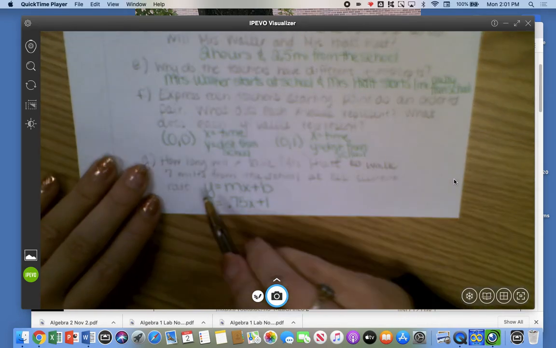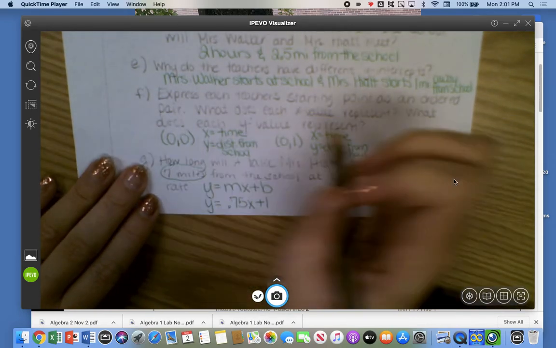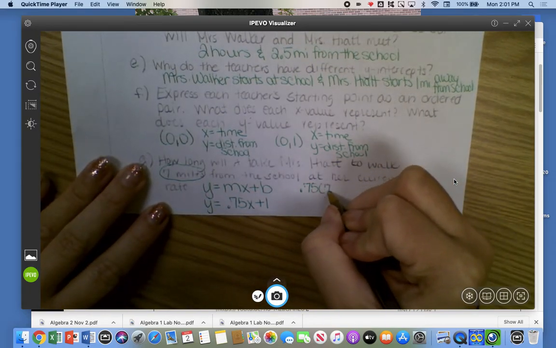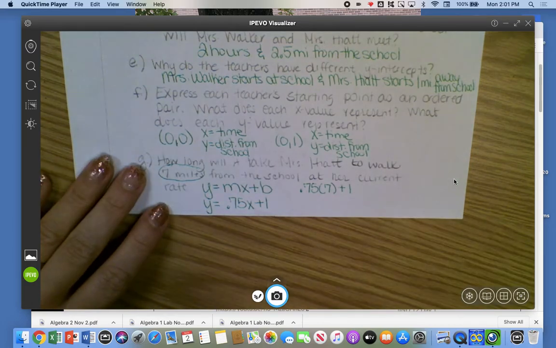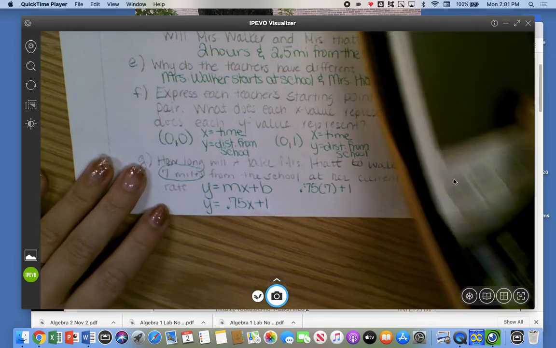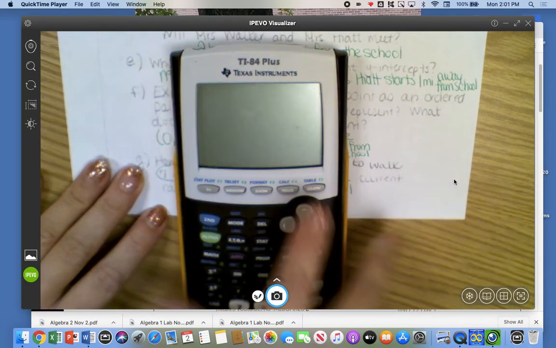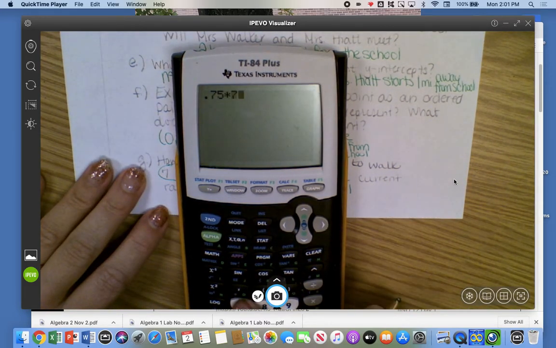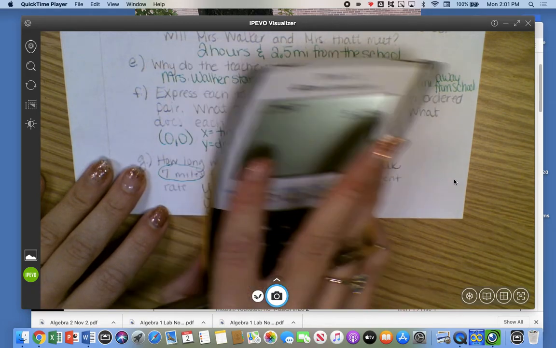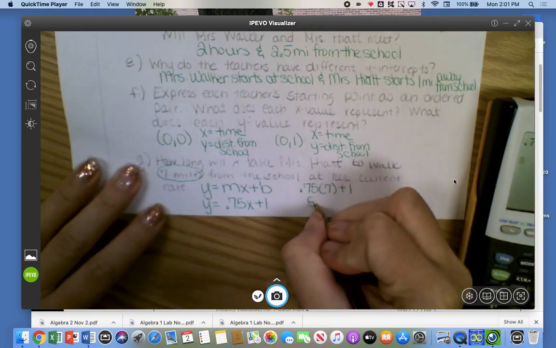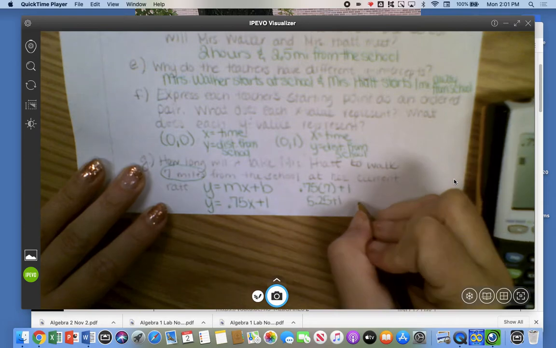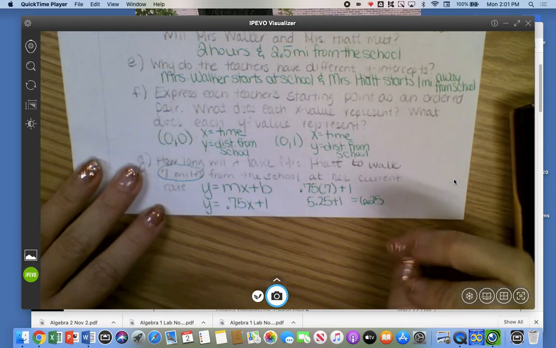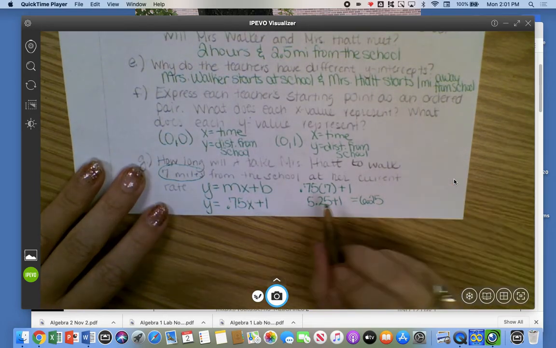So if we wanted to plug in 7 miles, that's going to go in for our x. So 0.75 times 7 plus 1. So then you can get a calculator out, which I'm going to grab mine real fast. And you can see I'm going to take 0.75 times 7, which is 5.25. And then add my 1. And so I get 6.25.